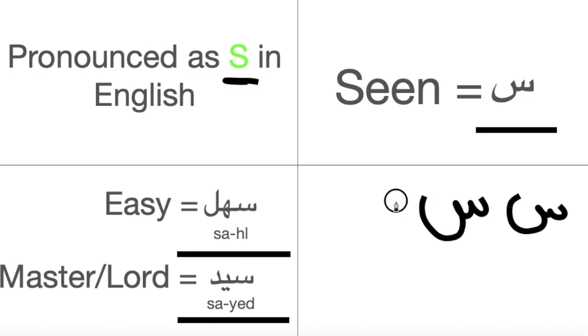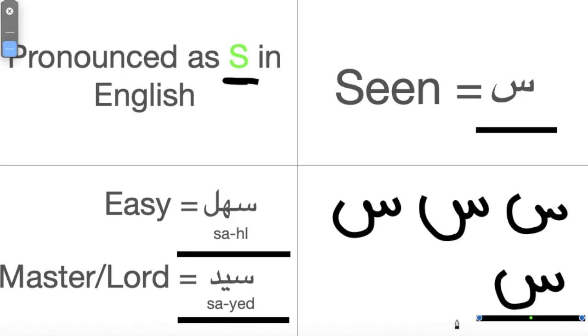So it's 3 curves, 3 half circles, 2 small, and the last one is the biggest one. That's how we write seen.